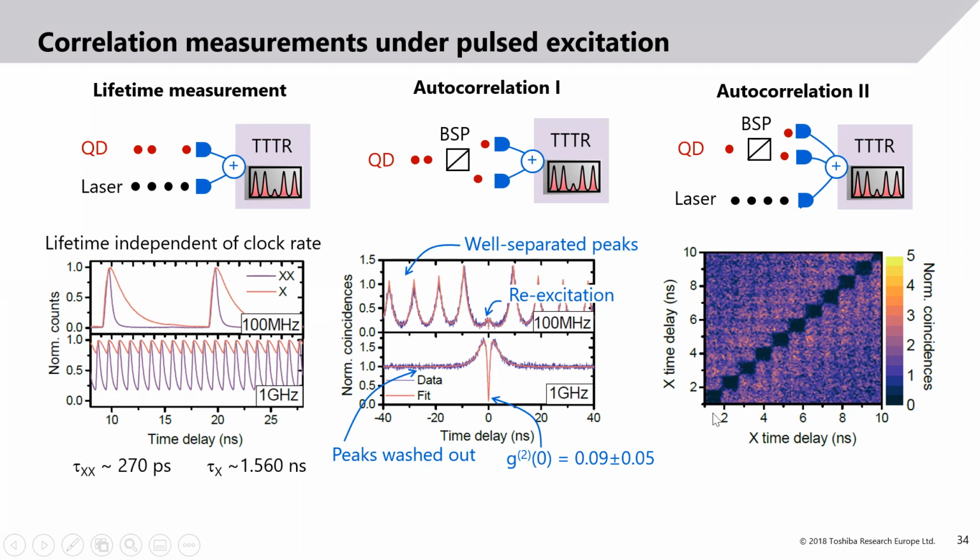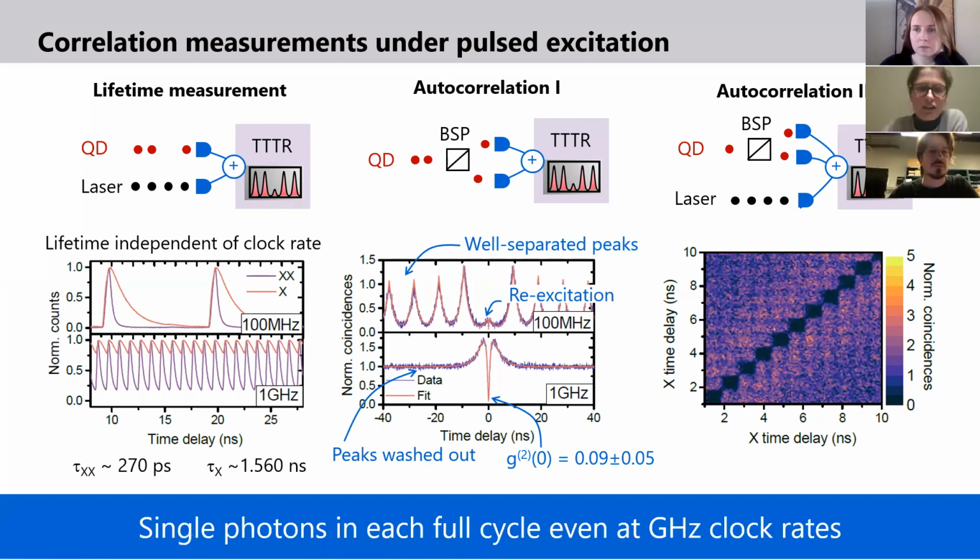What you can see here is that when the delay is equal between these two photons, we see no photons arriving at the same time for the entire duration of the pulse. So we get this diagonal where there's an absence of coincidences for the entire duration of the pulse, and that is quite nice to see. It means that even at gigahertz clock rates, each single photon pulse only carries 1 photon at most.